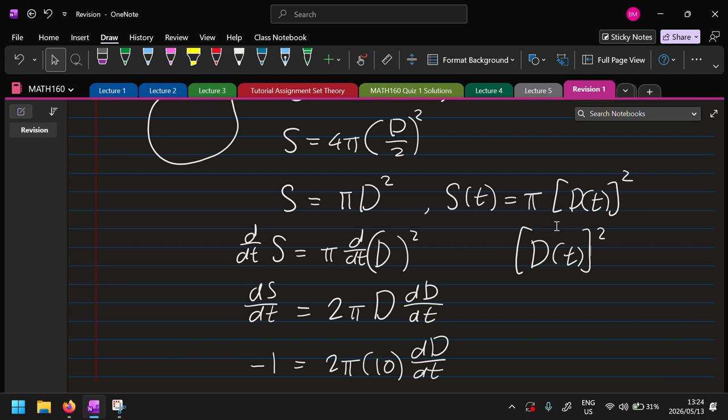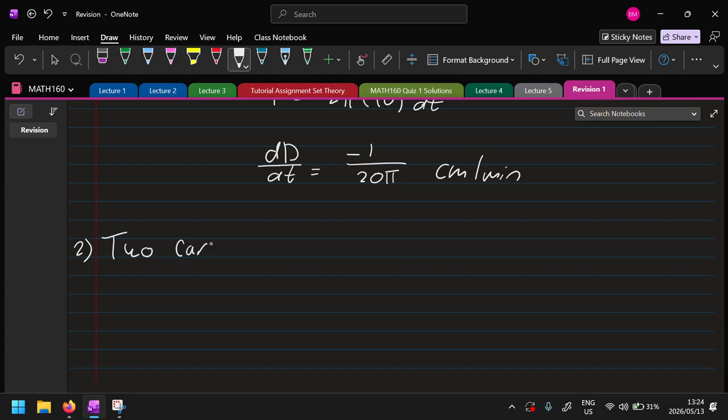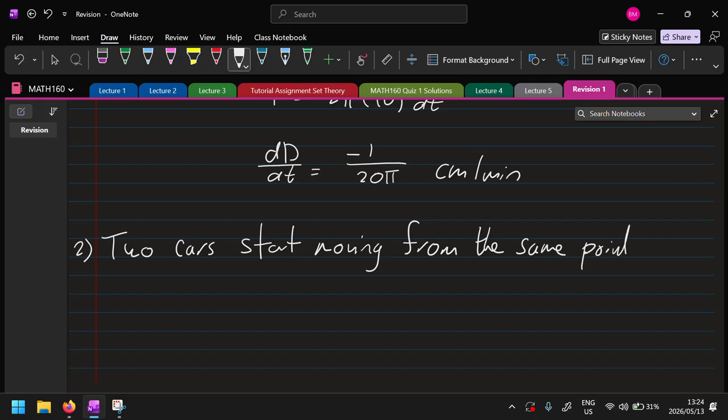Oh, good. Okay. Let's have a look at number 2. Again, all of these will be some word problem. Okay, 2 cars start moving from the same point. 1 travels south at 30 kilometers per hour.